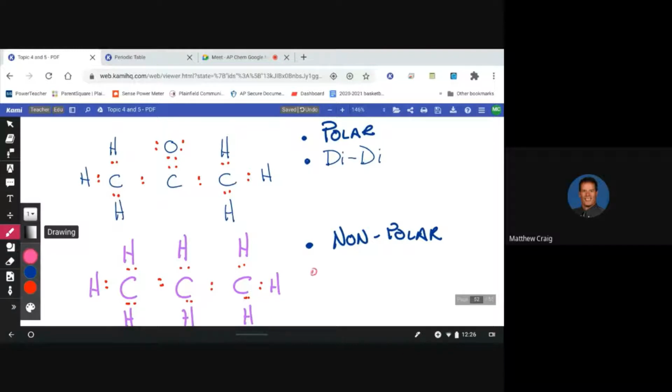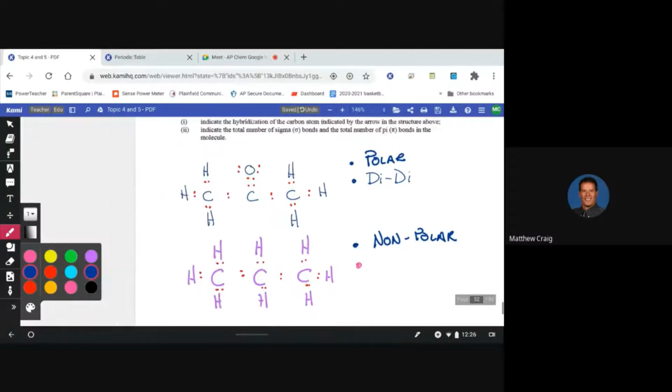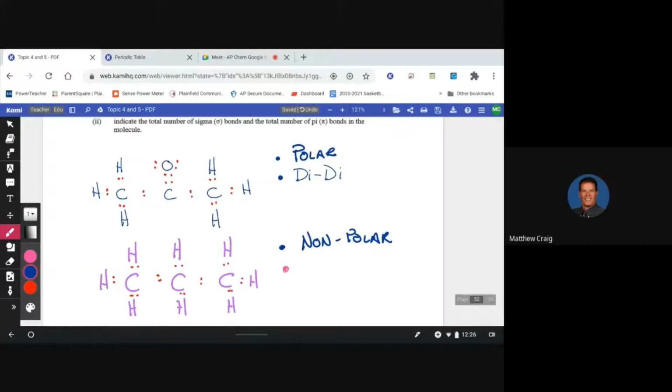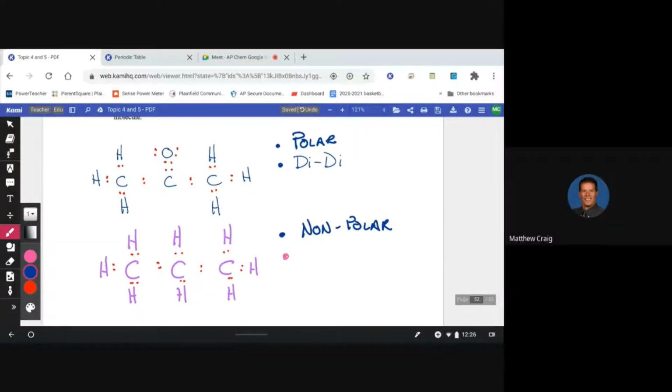Also, what type of intermolecular force does propane have? What is it? No, I'm talking about what type of intermolecular force this compound here has. It's a nonpolar compound.